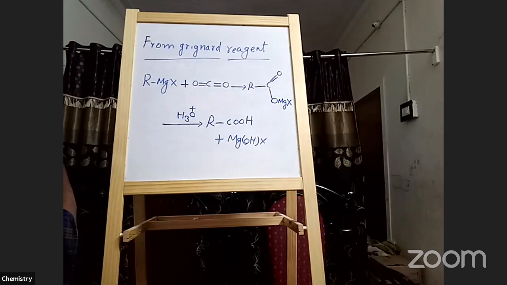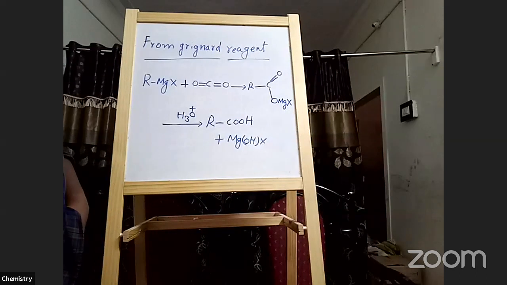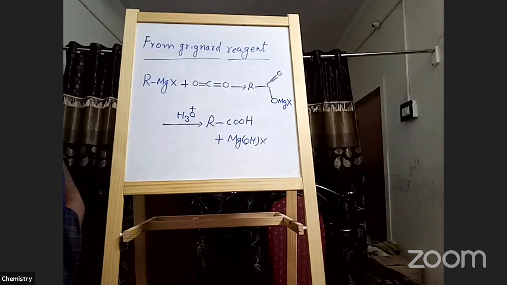Did all of you understand? Yes, sir. Write down the reaction: RMgX with CO2 gives RCOOMgX. Next step, on further hydrolysis, we get carboxylic acid and MgOH. So that is the reaction from Grignard reagent. Write down, all of you.